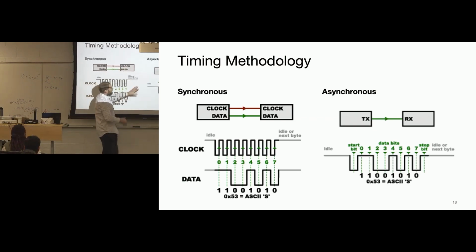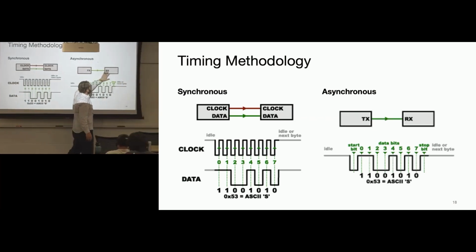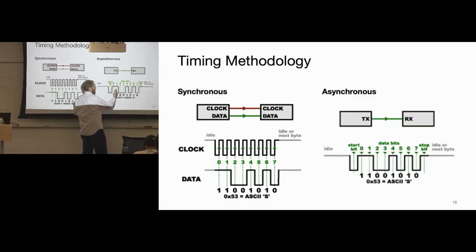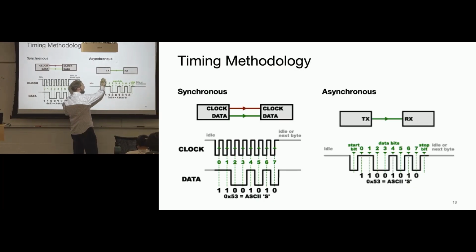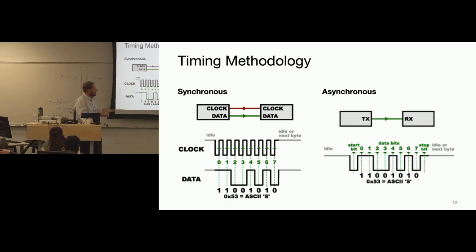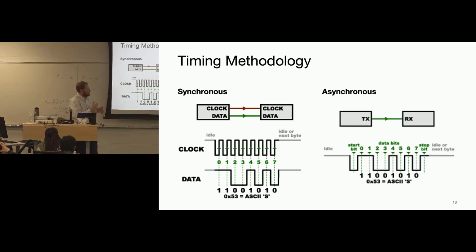There are protocols where it's asynchronous, where the receiver has to on its own figure out when to clock data in. This has the advantage that you don't need a clock wire, which is nice, but now it's up to the receiver to figure out exactly when, and it may not know. It may not even know when the signal's coming in, so there's got to be some arbitration or some method to recover the signal and the clock, so we often call it clock recovery, where you're getting some information, and you have to infer or phase lock your clock to that particular receiver.